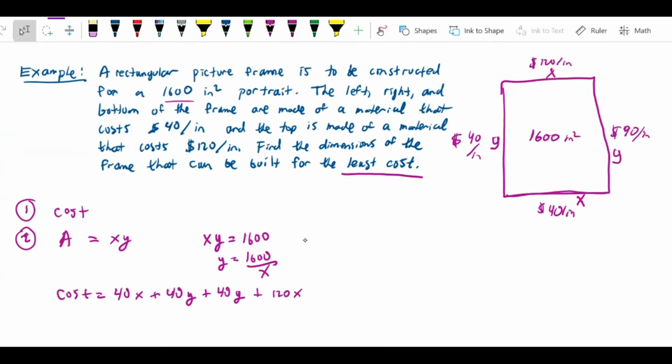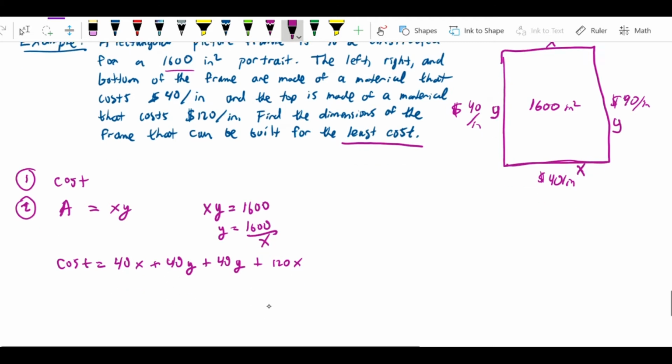Because the two y sides are both going to cost $40 per inch, one of the x sides costs $40 per inch, and the other x side costs $120 per inch. Since x and y are all numbers of inches, these are giving the cost of making each of the sides, and we're just adding them up.